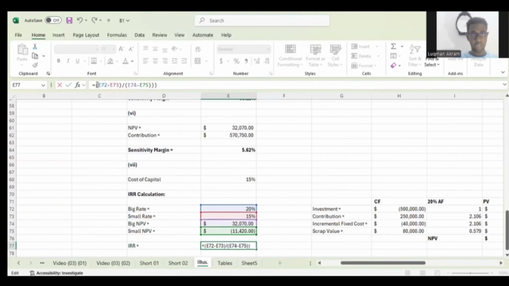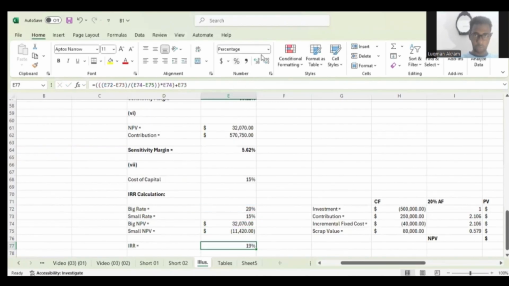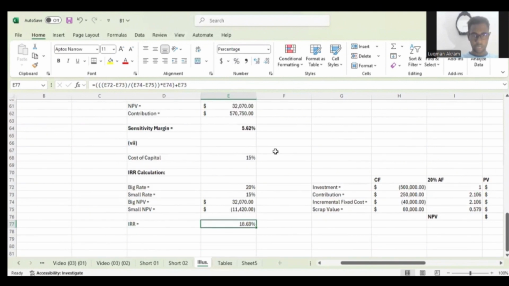And if you are doing it in Excel, ensure the brackets are applied properly. But there is an IRR formula which I will discuss in a separate video, by the way. So that would be multiplied by the total big NPV now. And finally, we can add the small rate of 15%. Now we get an IRR of approximately 18.69%.